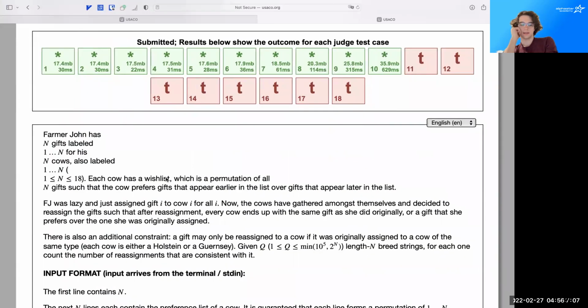I'm just thinking. I mean, the solution is probably going to be 2 to the n, like 18 being chosen is quite specific.